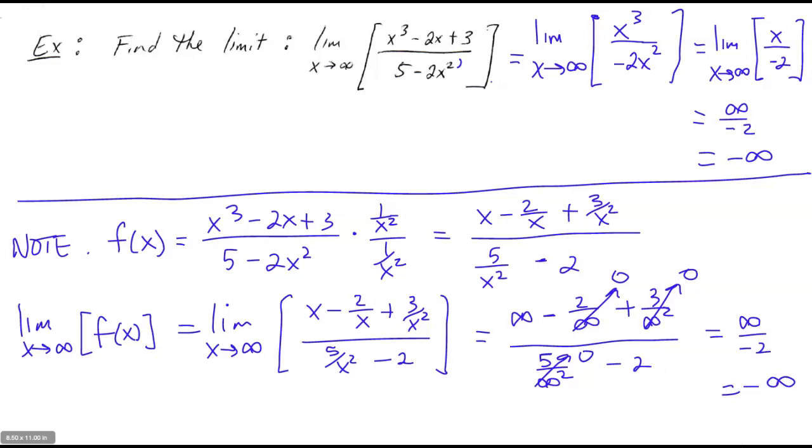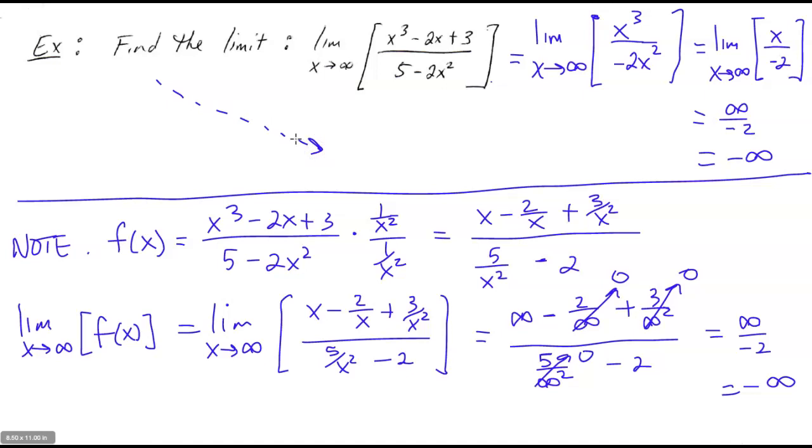Now, in terms of what all of this actually means, what we're saying is that the end behavior, because limit means behavior, the end behavior of this rational function is going down like this as x approaches positive infinity.